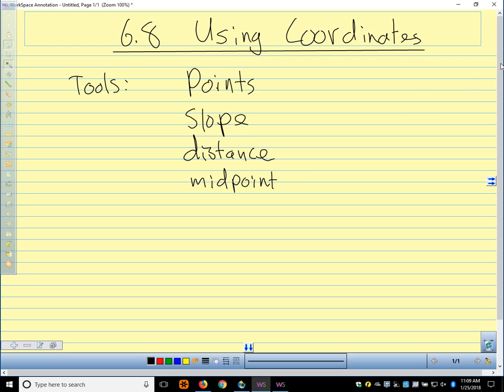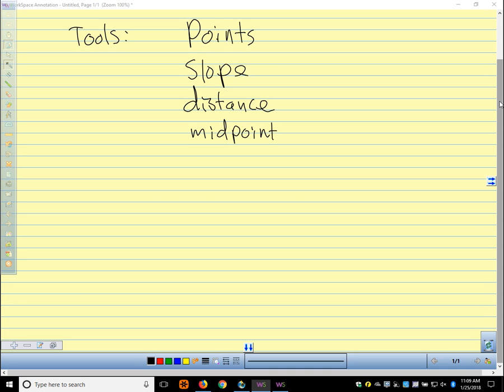But what we're looking at today is that our points are coordinates, or our points are variables, not necessarily a number for our coordinates. So let's look at some examples of just calculating some things when we have our points as variables.